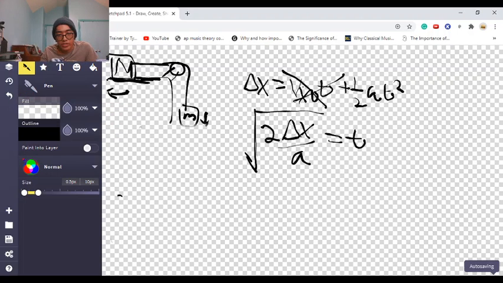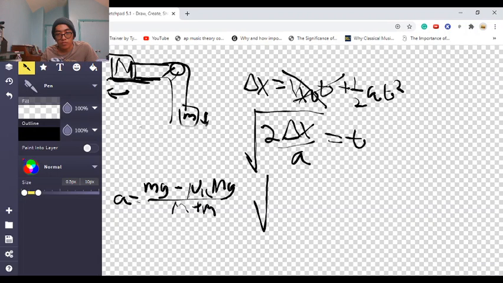Remember, the acceleration, I'm just going to write it on this side, is basically the weight of m minus the frictional force on big M, over the sum of both masses. That is the acceleration, and we can plop that into this equation right here.